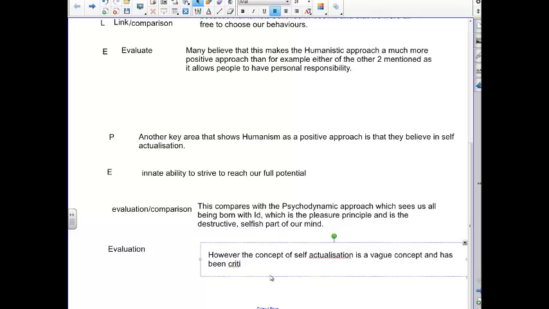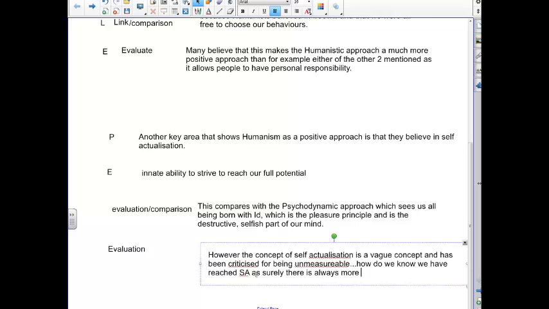So again, we're flagging up to the examiner these keywords: criticised for being unmeasurable. How do we know we have reached self-actualization? Because surely there is always more we can achieve in our lives.